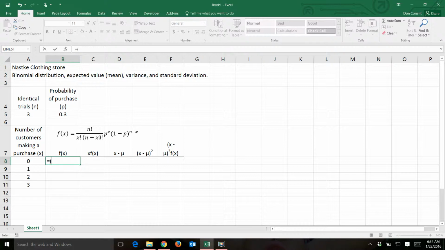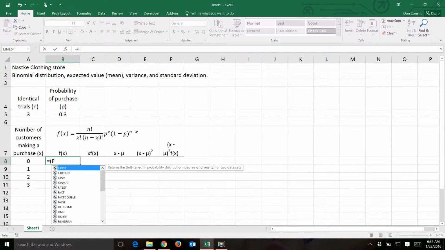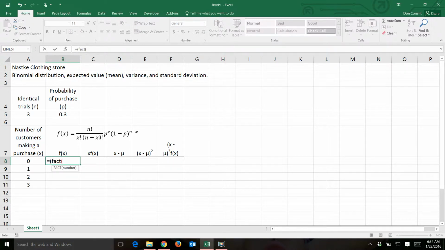Here's the numerator, n factorial. The Excel function for factorial is FACT. I want n. I'll make that absolute because I do intend to copy this down. So there's the numerator. So I'll put that over, and then x factorial. So I want FACT of the x value, which is here.